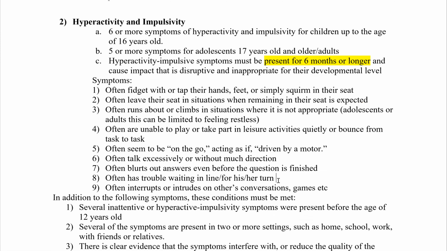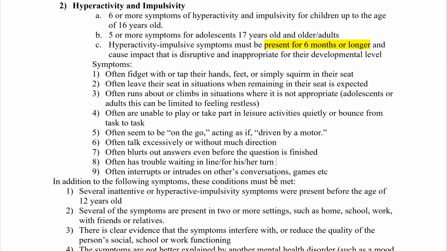In addition to the 9 or the 18 symptoms, depending on if we combine inattention and hyperactivity impulsivity, they have to meet the following conditions. Several inattentive or hyperactive impulsivity symptoms were present before the age of 12. So the criteria have to be present prior to the age of 12.